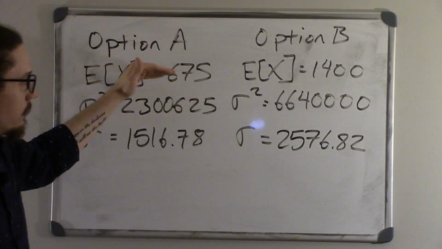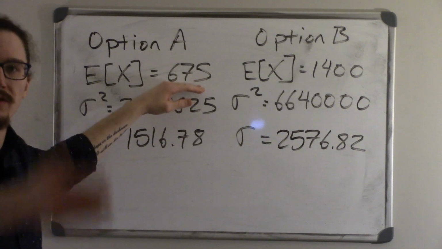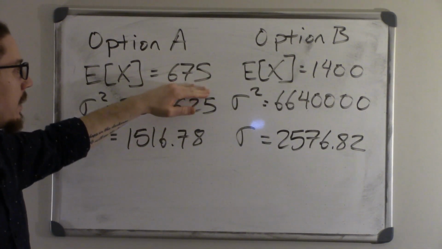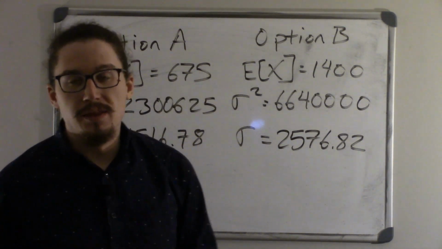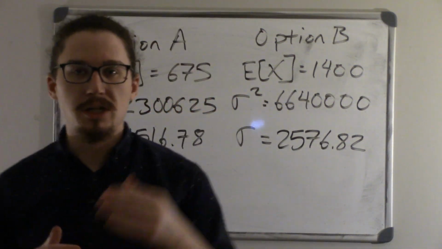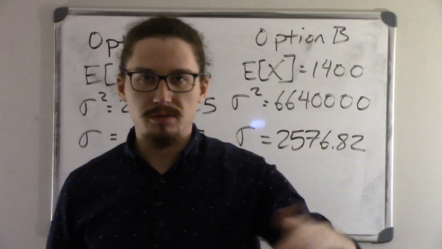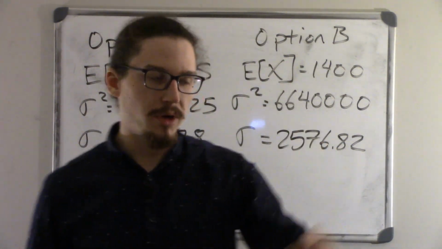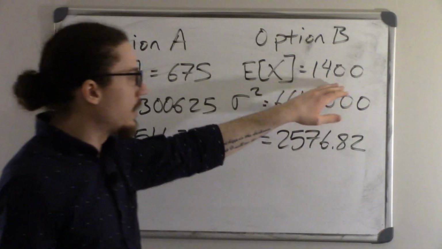So if we pick option A and go month after month running this marketing campaign, and then we took the average of our results, that's going to move towards that 675, especially as we continue to iterate that experiment, month after month, running this marketing campaign.